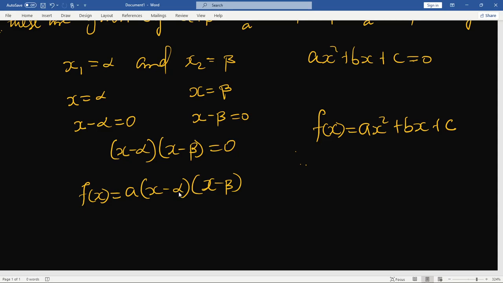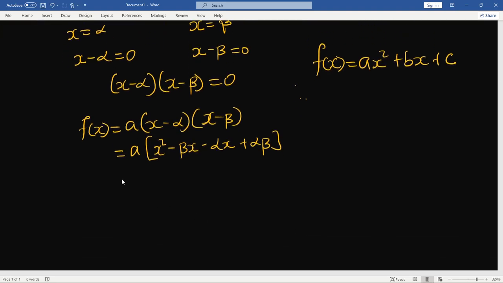Now, we're going to expand these brackets. We have a, open brackets, x times x, we get x². x times negative β, we get negative βx. Negative α times x, we get negative αx. Negative α times negative β, we simply get a positive αβ.